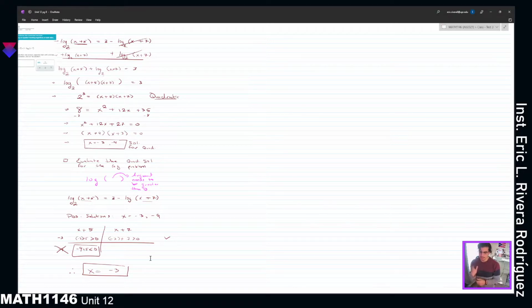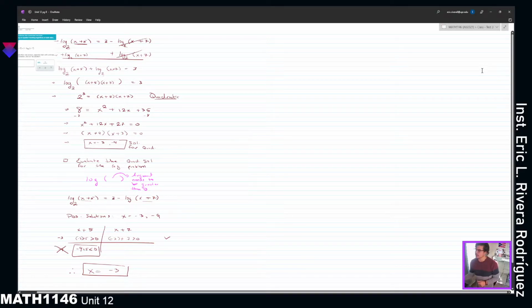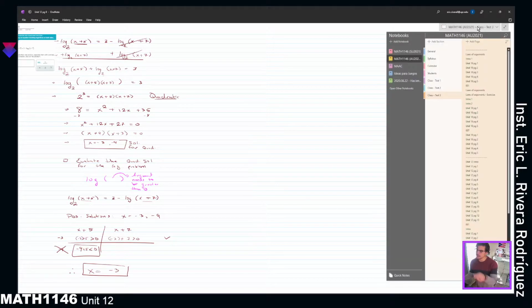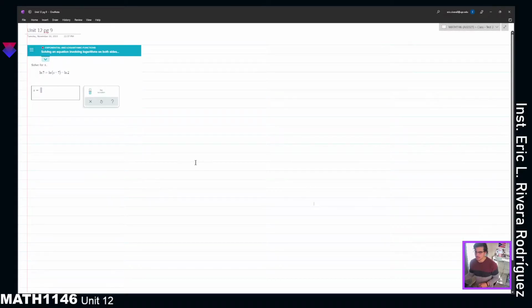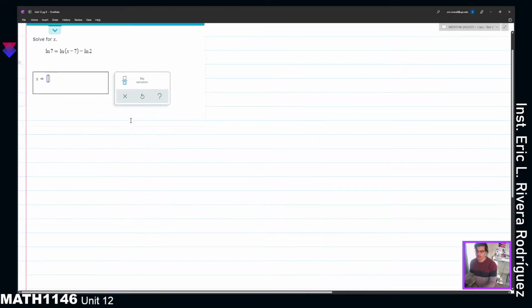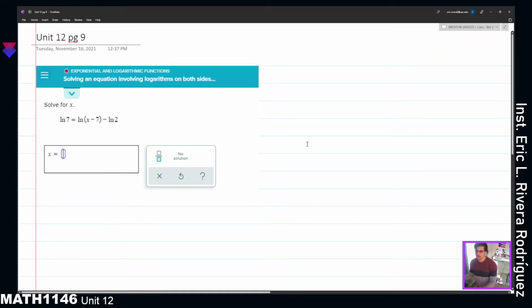So careful with this type of exercise. In our class, you will get quadratic equations in the logarithmic functions.